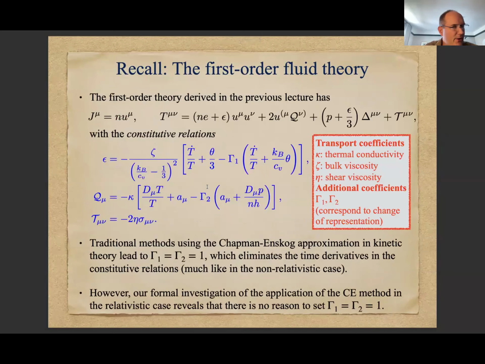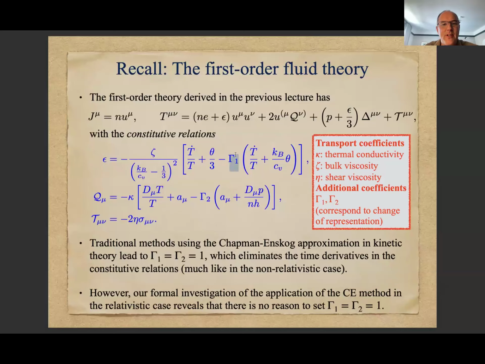All right, another comment I want to make is that in the physics literature there's a recipe to use this Chapman-Enskog approximation, which says that you should eliminate the time derivatives.